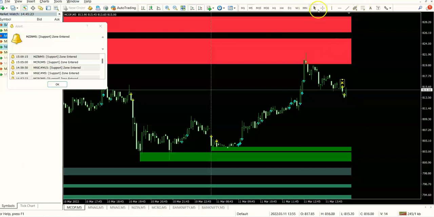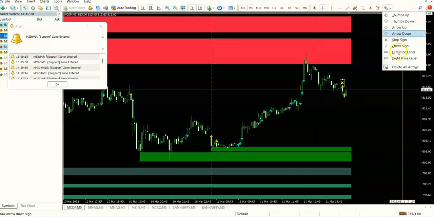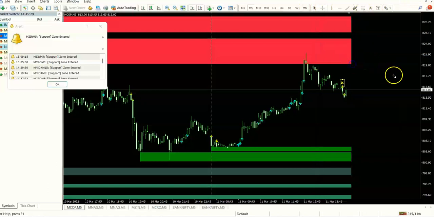Say we put a line here. This was 820 and now we are at 815. So it should be 1 to 3 points nearest to that level. This is a risky trade because your stop loss is also far off.